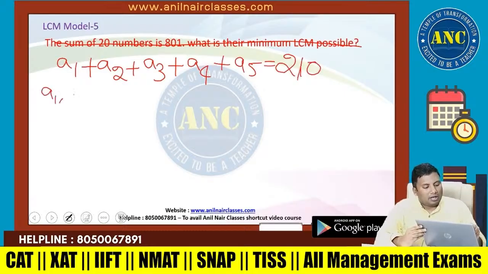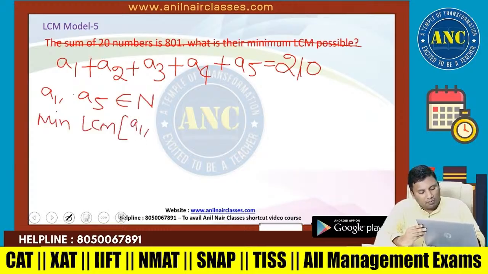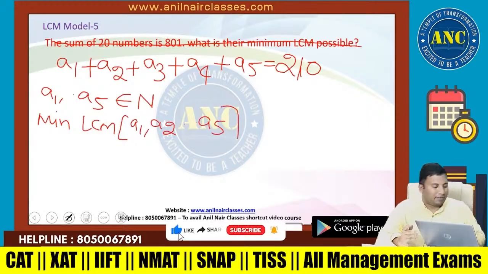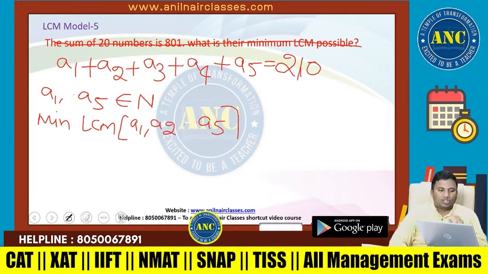A1 till A5 are natural numbers. What is the minimum LCM of A1 till A5? I will wait for 1 minute. Let me see who will crack this very good logical question.